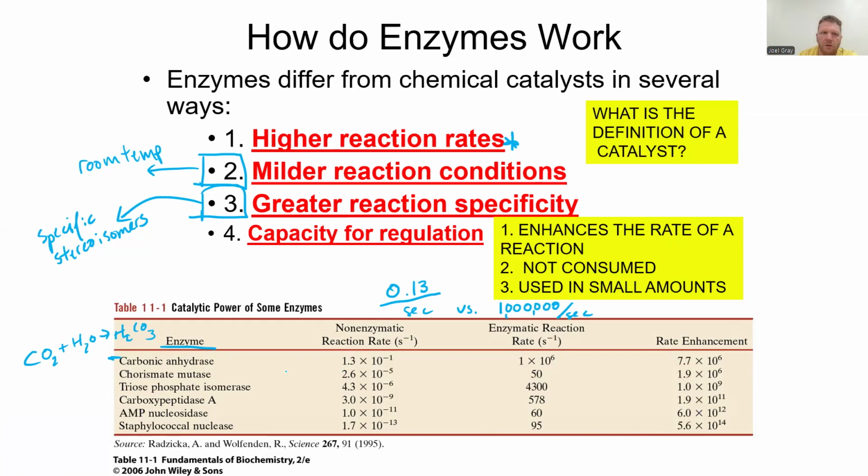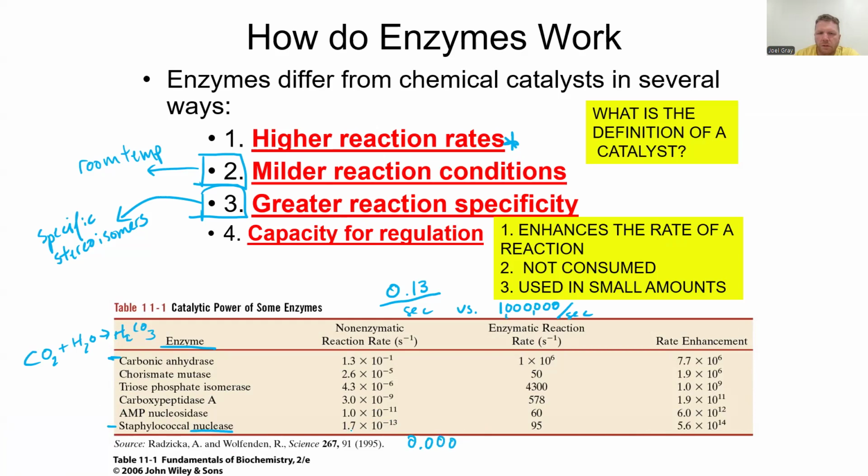We've got this enzyme known as staphylococcal nuclease. This is an enzyme that sees nucleic acids, DNA and RNA, and just breaks them down into nucleotides. Now, in the absence of an enzyme, this is going to take place. And this is one of those things that I always like to do: I like to write out the number.